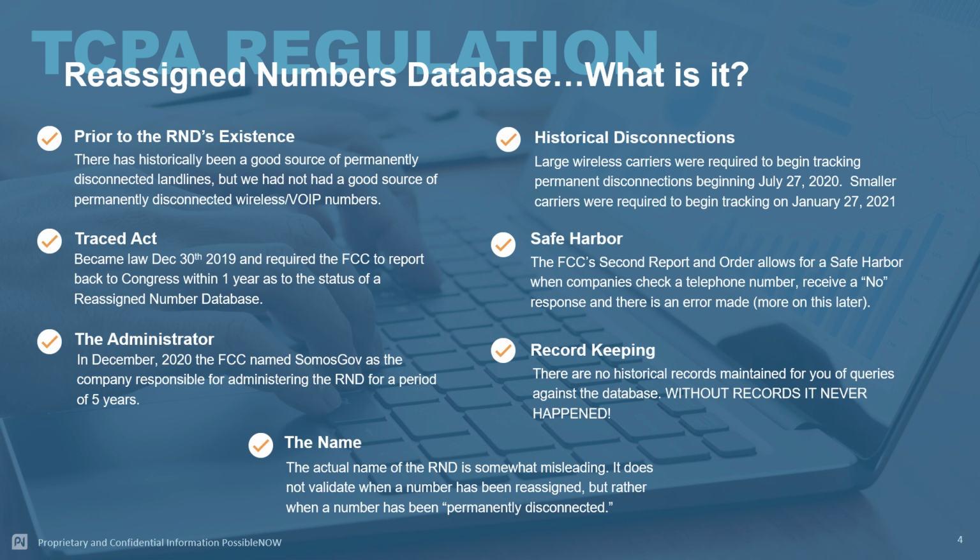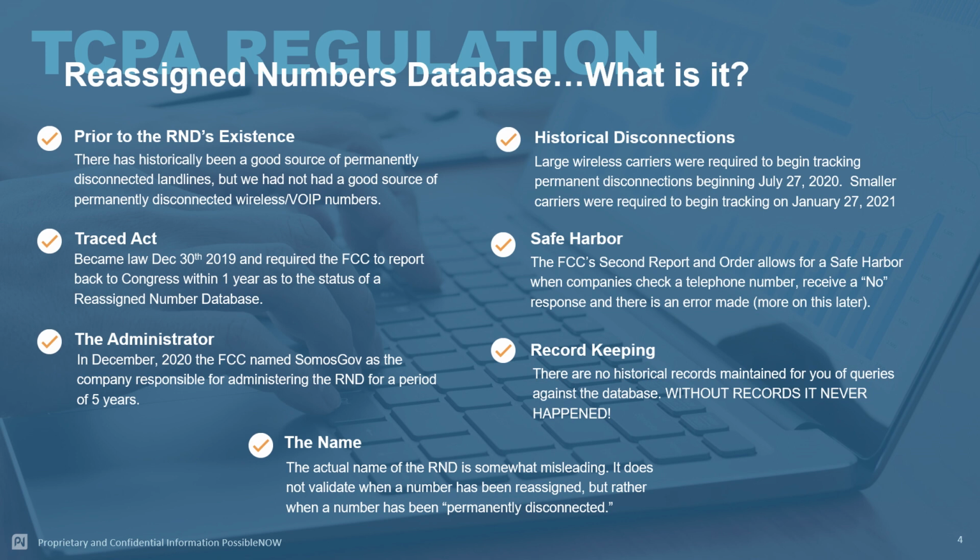As far as a little bit of historical data on this, the large wireless carriers were required to begin tracking permanent disconnections about the middle of the year in 2020, and then smaller carriers were required to begin tracking in January of 2021. So there is a safe harbor if you utilize the reassigned number database.